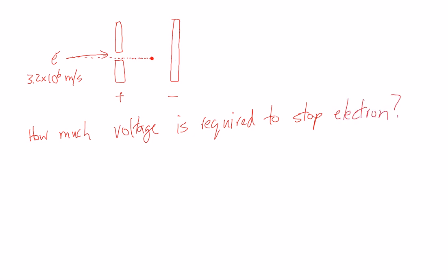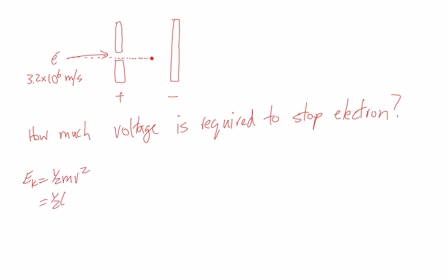Okay, so we do the question the same way, it's actually a little bit easier. We still need to know how much energy the electron had when it hits the plates. So we know our kinetic energy of the electron is 1/2 mv squared. Let's write that in there first.